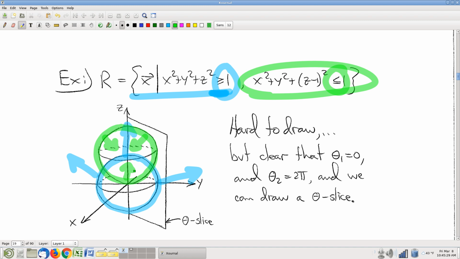And you've got to kind of look at it and figure out what that actually means. I like to think of this as we start with the green sphere, and then we dig out of it like with a melon baller, that chunk out of the bottom, thus revealing what we're left with, this thing. But this picture is bad. Let me explain why this picture is bad. This picture makes it look like there's nothing down in there, but there kind of is. I mean, really, there's a lip that sort of goes around, right?